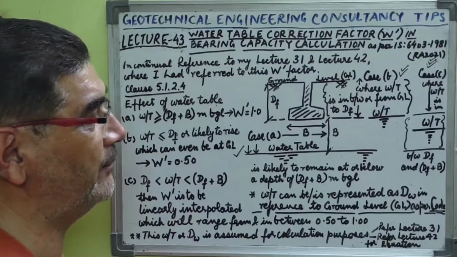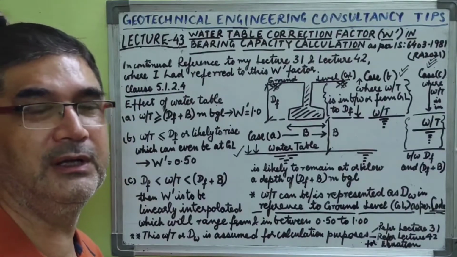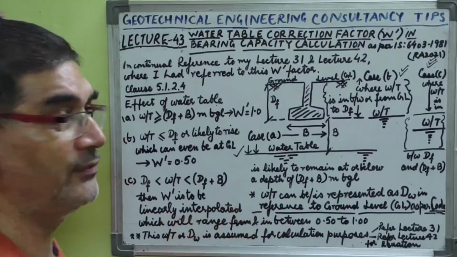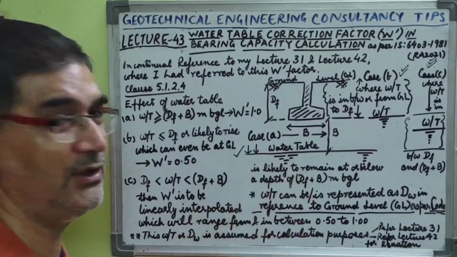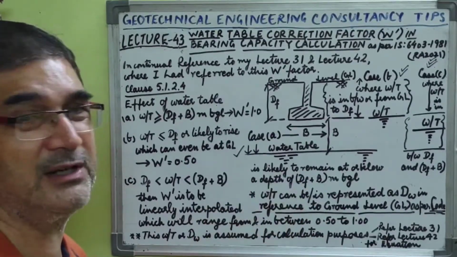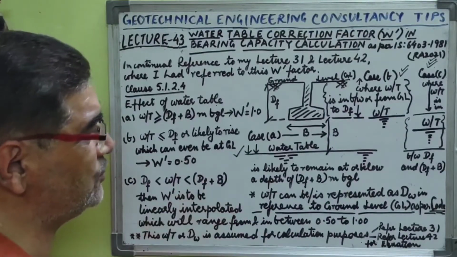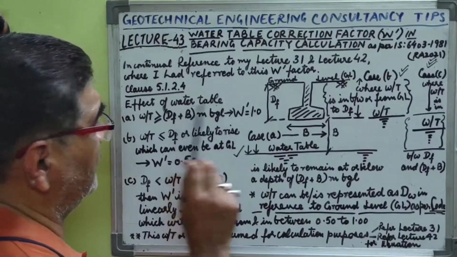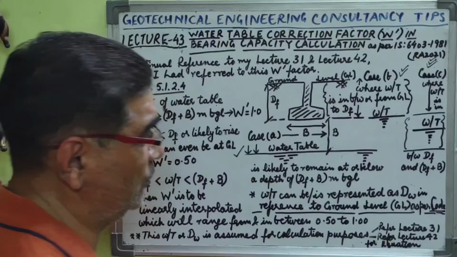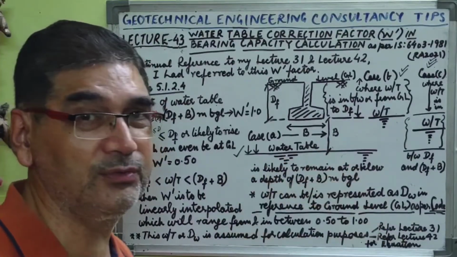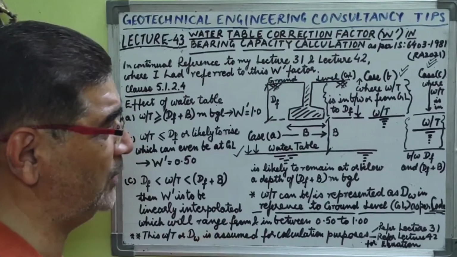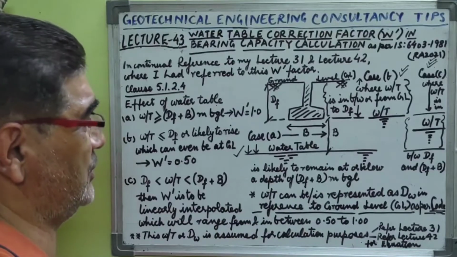It may depend on the period of the year when we are doing the investigation, whether pre-monsoon or post-monsoon, whether there are any water bodies in the vicinity of the site, whether there is any seepage problem, whether there is any drain near the site, and so on. This water table, which as per this code is represented as DW, is the water table which we use for our shear calculations as well as the settlement calculations.